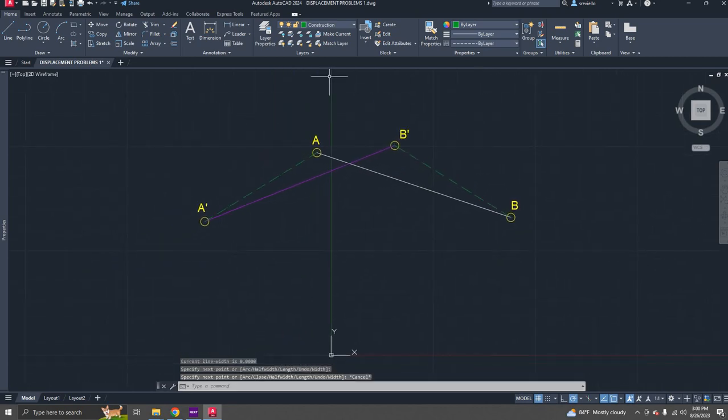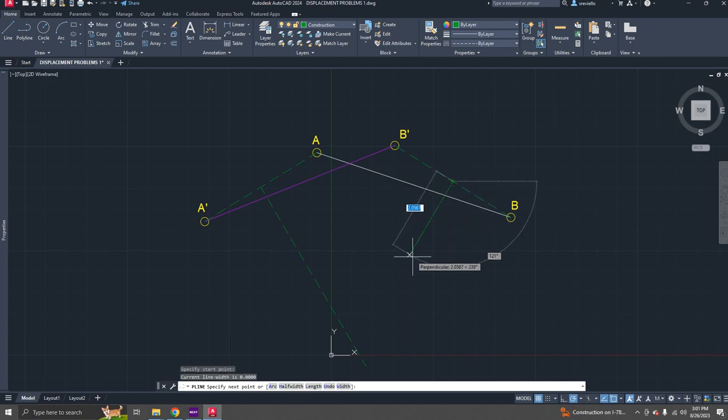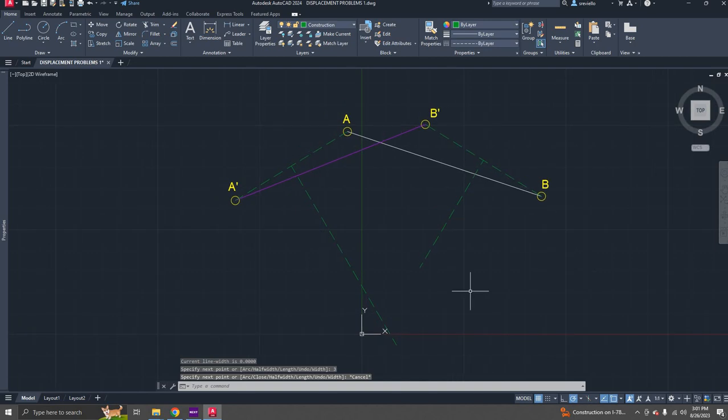Now we need to construct some perpendicular bisectors. Again, a perpendicular bisector is a line at the midpoint that is perpendicular to the line between the two points. So I've arbitrarily chosen the length of 3.